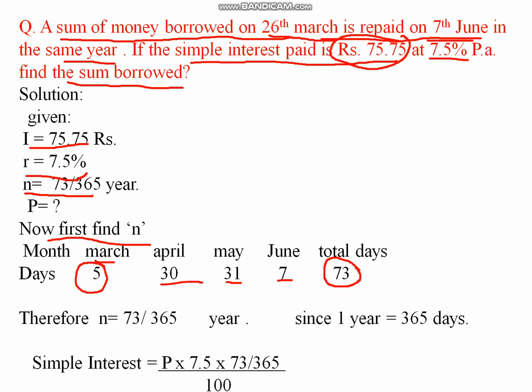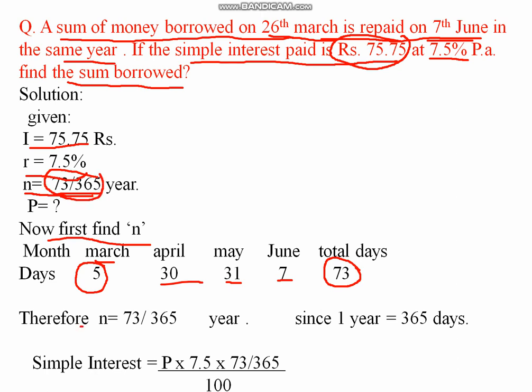So period N is equal to 73 upon 365 year. Convert these days into a year. We know in 1 year there are 365 days. So convert days into a year by dividing by 365. So N is equal to 73 upon 365.